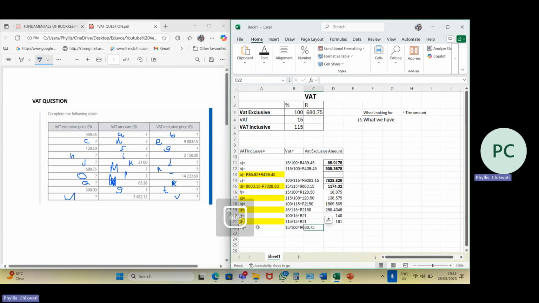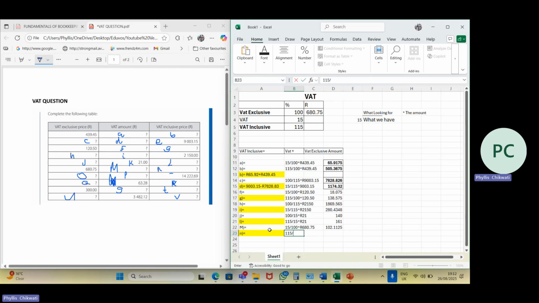that is 680.75. That should give us how much? So that's your 15 over 100 times 680.75. That should give you your VAT portion as 102.11. Okay, then we also need our N. Our N is our inclusive amount. So with our inclusive amount, our inclusive rate is 115.